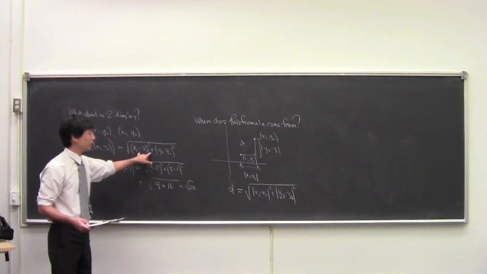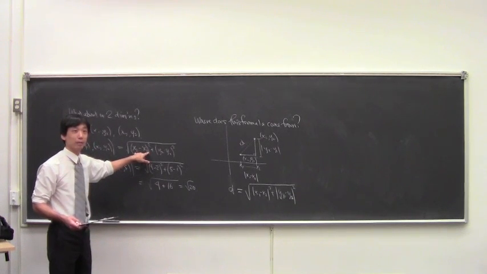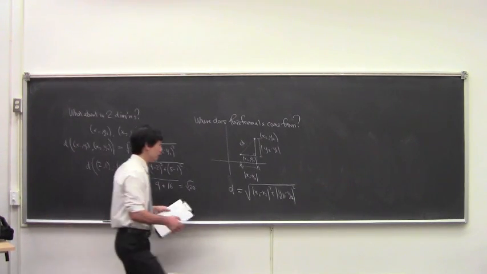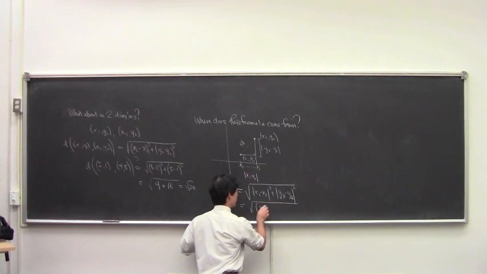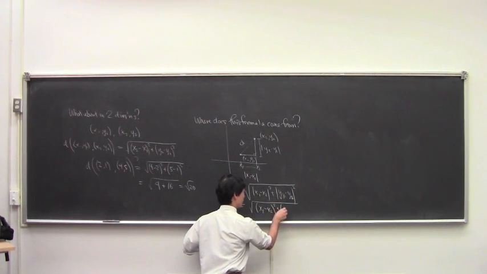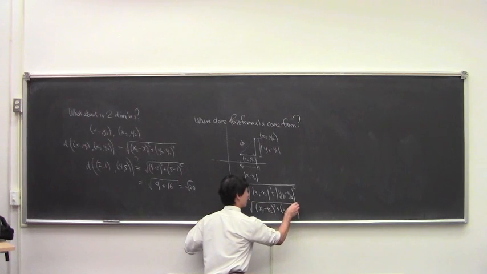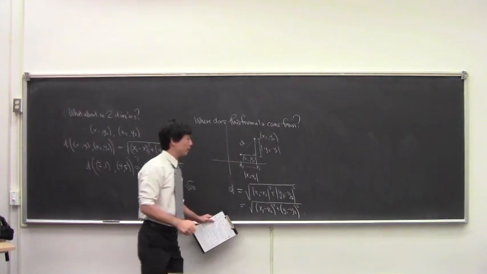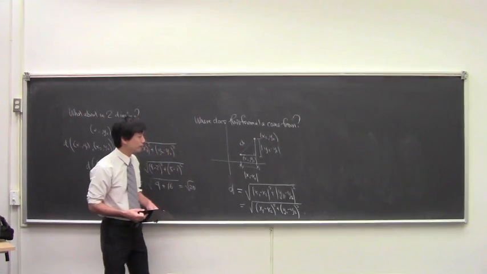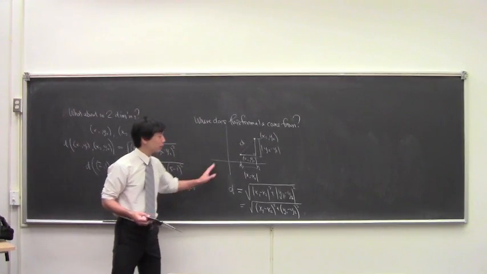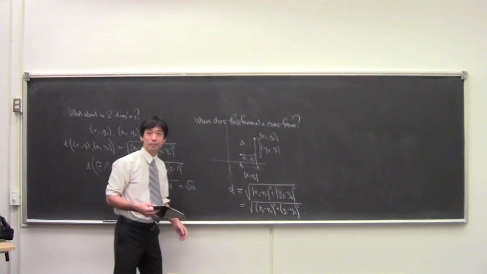Because the square of an absolute value is the same thing as the square of the number. If you like, animate it this way, so let's do it. Okay, so that's why this makes sense.